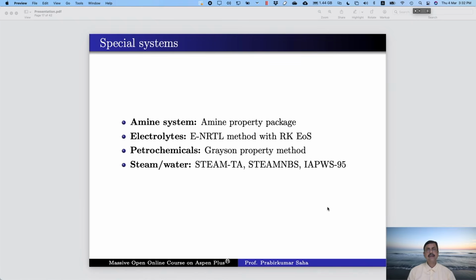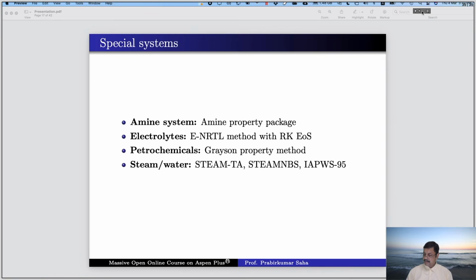Now Aspen Plus has some special system packages also. They are mostly amine property package for amine system. That means the system where we have lot of different kind of amines. If they are in the system, we can use amine package. And amine systems are popularly used for carbon dioxide sequestration.